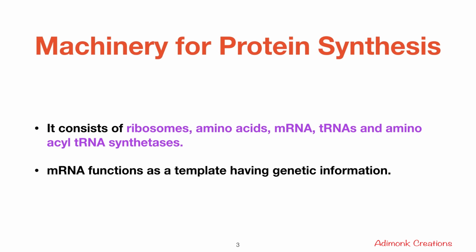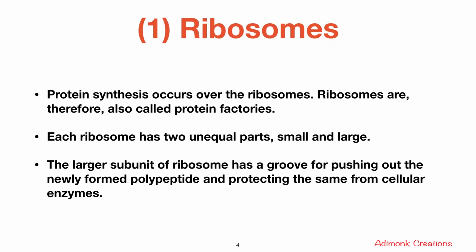The machinery required consists of ribosomes, amino acids, mRNA, tRNAs, and aminoacyl tRNA synthetases, which are enzymes. And mRNA functions as a template having the genetic information. So let's see these different machinery parts one by one.